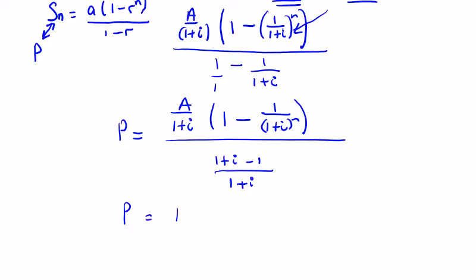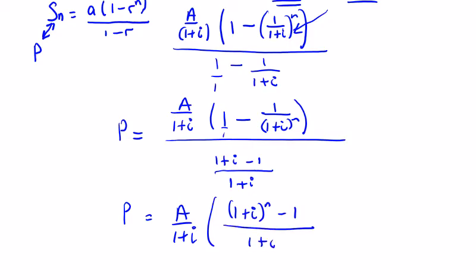So what I'm going to get is A over 1 plus I times, now this is going to be a simple fraction too, I'm going to cross multiply, and I'm going to have 1 plus I to the power of N by 1, and then minus 1, and then on the bottom I'm going to just have 1 plus I to the power of N times 1, or just 1 plus I to the power of N. So that's simplifying in there.